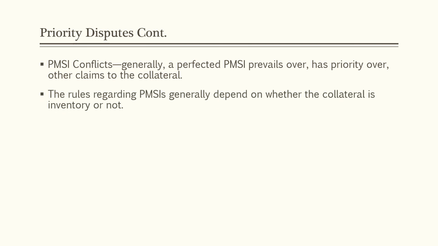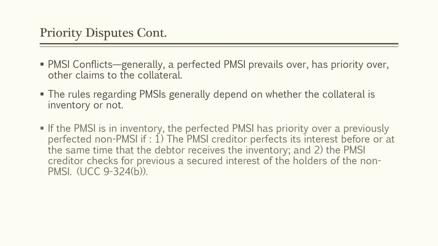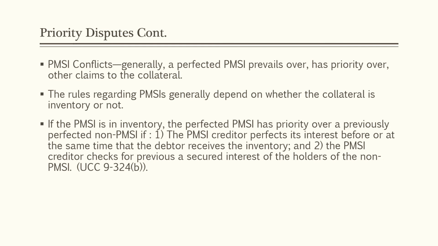The rules regarding purchase money security interest generally depend on whether the collateral is inventory or not. If the purchase money security interest is in inventory, the perfected purchase money security interest has priority over a previously perfected non-purchase money security interest if the purchase money security interest creditor perfects its interest before or at the same time that the debtor receives or takes possession of the inventory, and the purchase money security interest creditor checks for previous security interests of the holders of non-purchase money security interests.